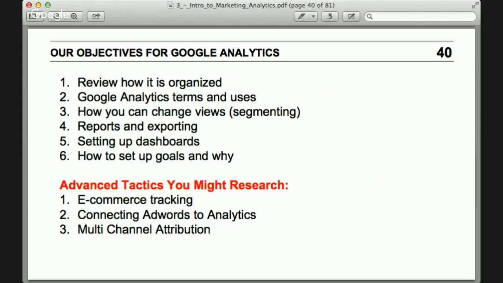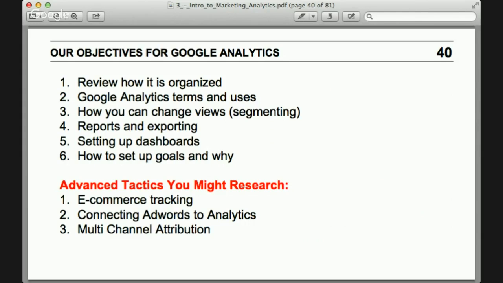But there's a ton of free videos, and I link you to them. Each module has its own set of links and documents that you can use to take this further. E-commerce tracking, multi-channel attribution, which I'll show you, advanced segmentation. There are a lot of things you may find helpful. I would absolutely encourage you to continue after tonight and learn more about analytics, but for your business specifically.